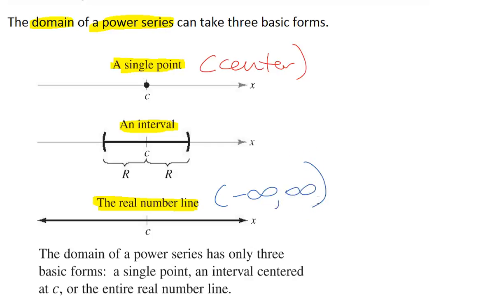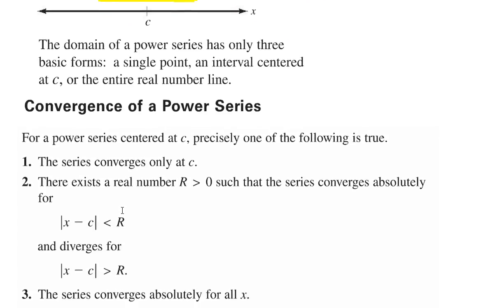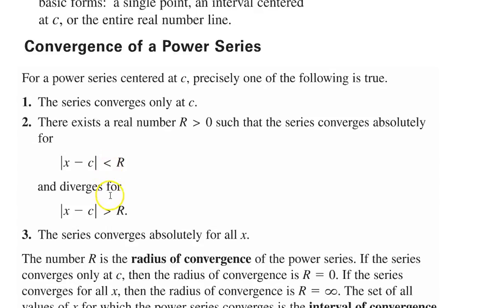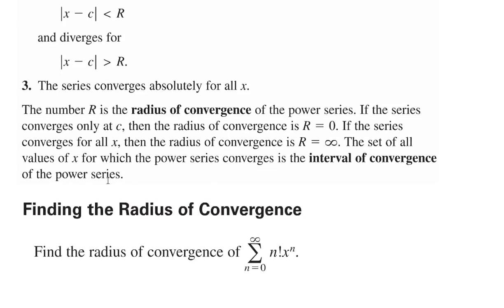So the domain of a power series can take three forms. It could be that it's convergent at a single point, namely its center, or it's convergent in an interval around the center, or for all x. So guys, that's what I have expressed here under convergence. So you know how to figure out the center now.